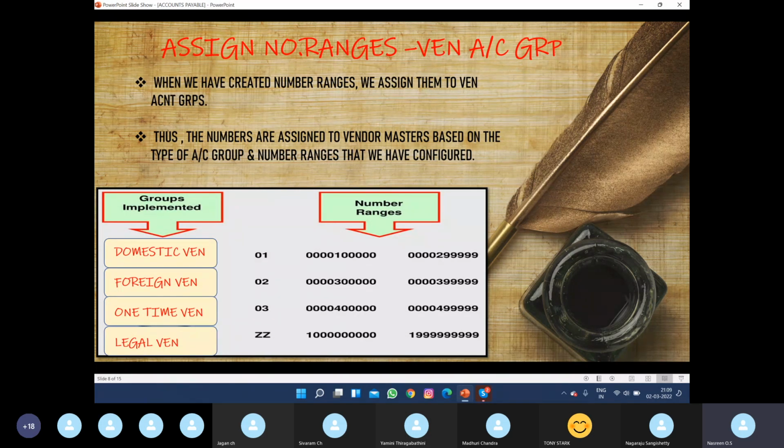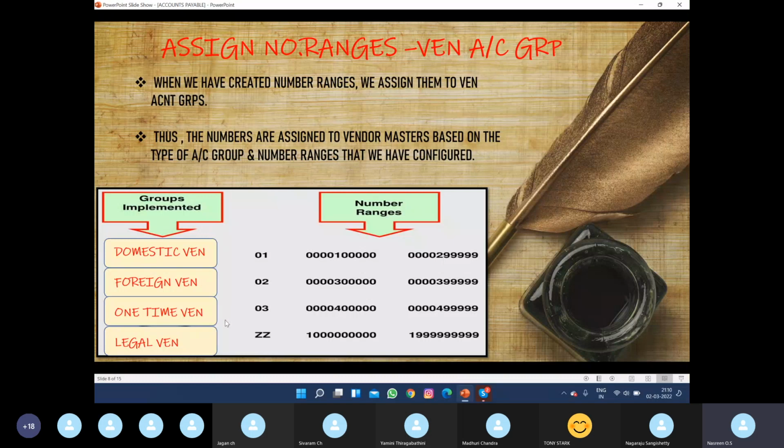In such a case, the client business asks us to maintain all the domestic vendors with a number range starting from 4. Then we can create all the domestic vendors a number range starting from 4, which means it can be 4 lakhs or 4,000, anything. But the starting number should be 4 so that we can identify those vendors. So as per the requirements of the client, we can also assign those number ranges.